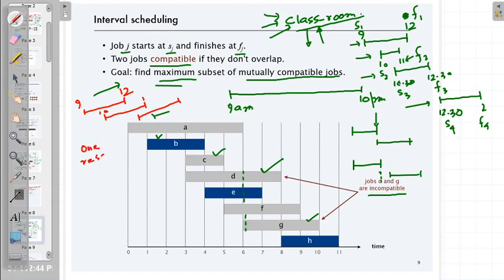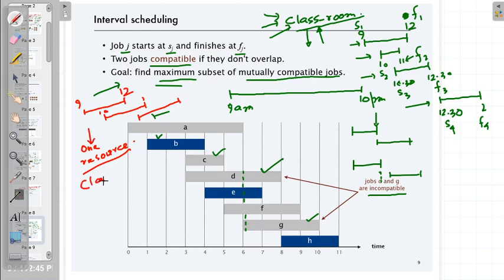We have given one real life example that these jobs are the classes that will be taken by the faculty members. Somebody is telling 9 to 12, somebody is telling 10 to 1. They are trying to occupy this classroom. One resource is the classroom.